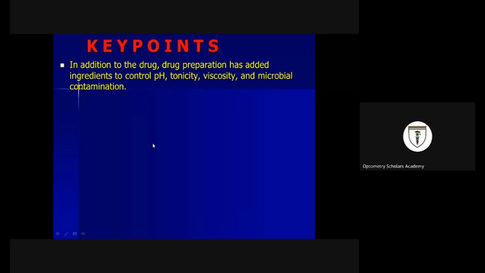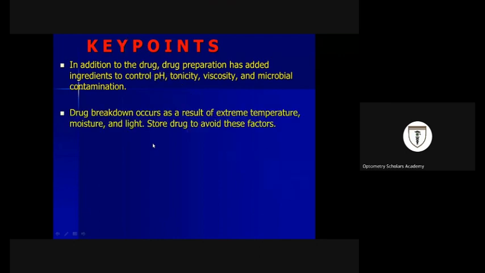So now, key points. In addition to the drug, the preparation has added ingredients to control pH. The drug preparation also controls the pH, the tonicity, the viscosity, and microbial contamination. This is just a summary of what we've discussed from the beginning. Another point is drug breakdown occurs as a result of extreme temperature, exposure to moisture, and light.